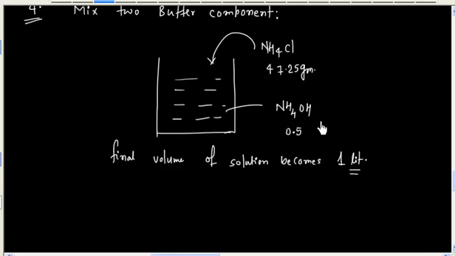So sufficient amount of ammonium hydroxide is added so that final volume of solution becomes 1 liter. So this is a way to prepare a basic buffer.